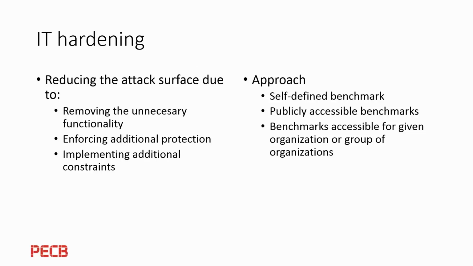If you are implementing an operating system or database or a network component, there are some standard services which run when you are using this component. Sometimes you need them, but sometimes they are not necessary. For example, there could be a service allowing a particular remote access type to this component, but if you are not using it, there is no point in allowing this service to run.